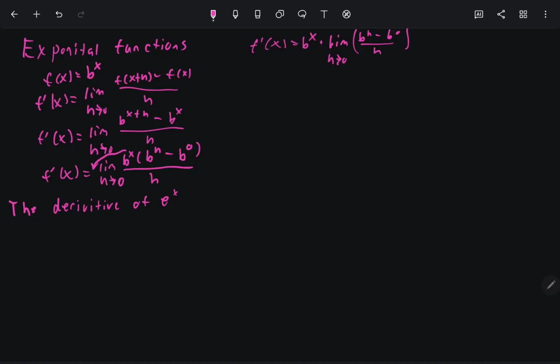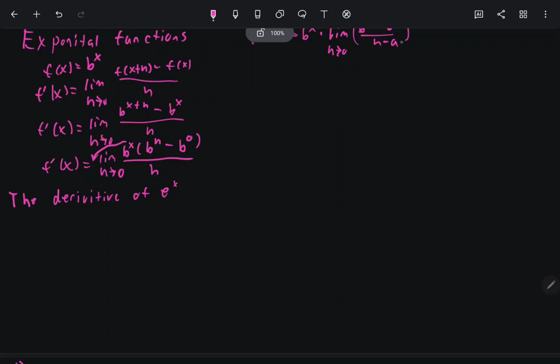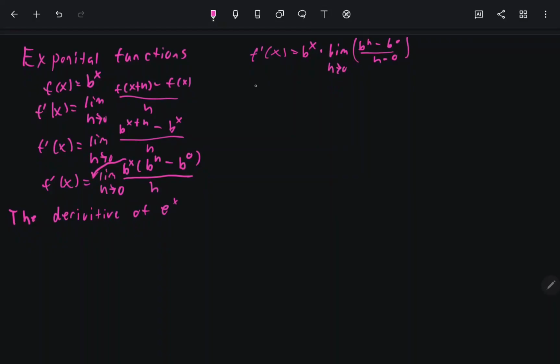Surprisingly enough, this resembles the other definition of a derivative. So really, this is b to the power of x times by the derivative of f evaluated at 0. If you really want to, you can just swap out these h's for a's to make it a bit clearer. But you can see that this is really just the derivative at 0.